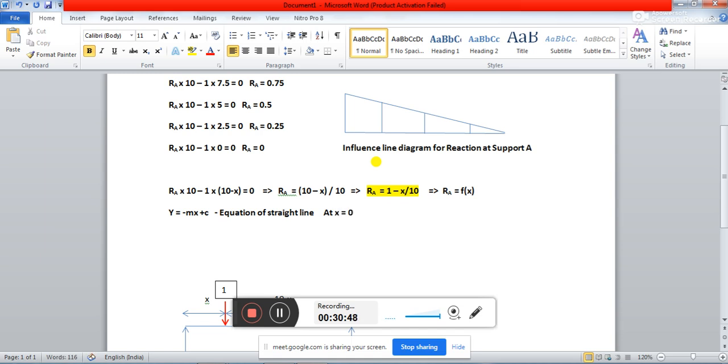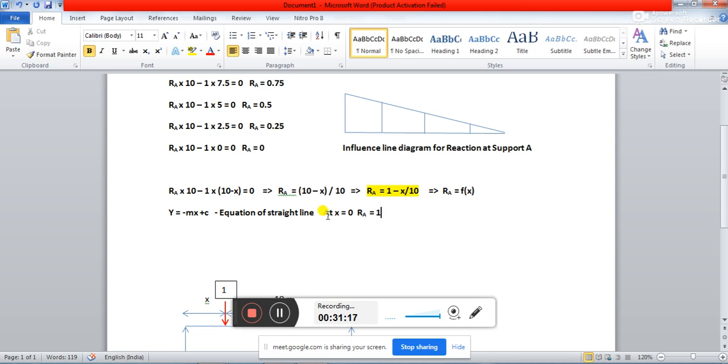So at x equal to 0, what will be the value of RA? Can anyone tell? 1, sir. 1. It is going to be 1, because if I put x equal to 0 over here, 0 by 10 will become 0, then RA is going to be equal to 1, correct?